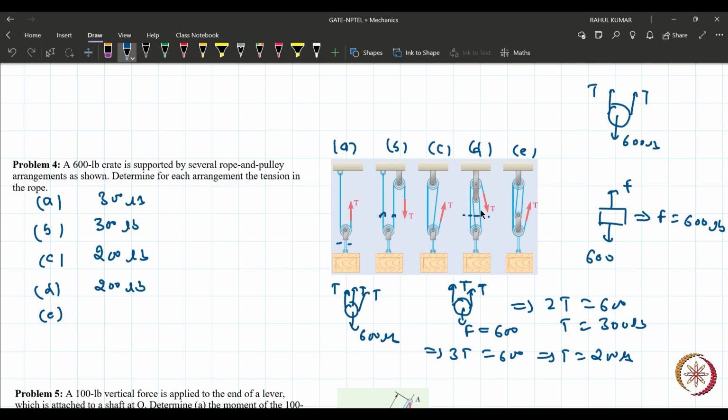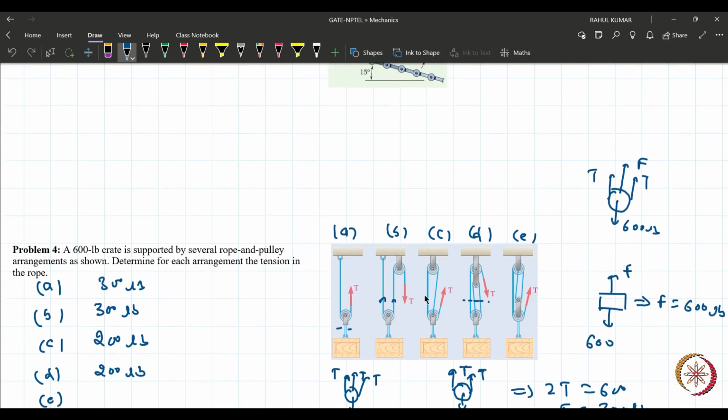But there is another arm here, and that arm force we don't know. But when you draw an FBD of the other pulley, this force will be equal to this force because the body is the same.